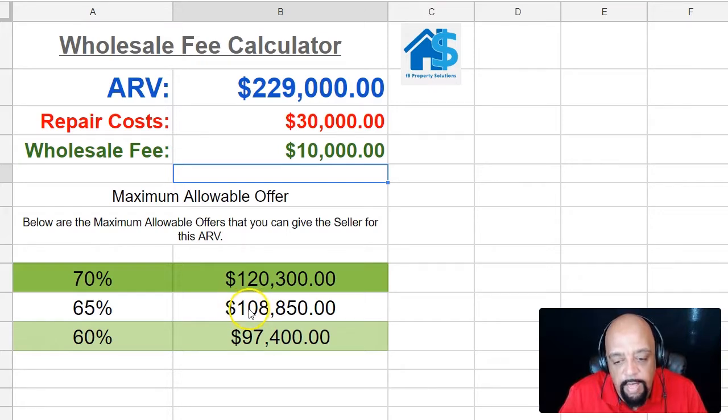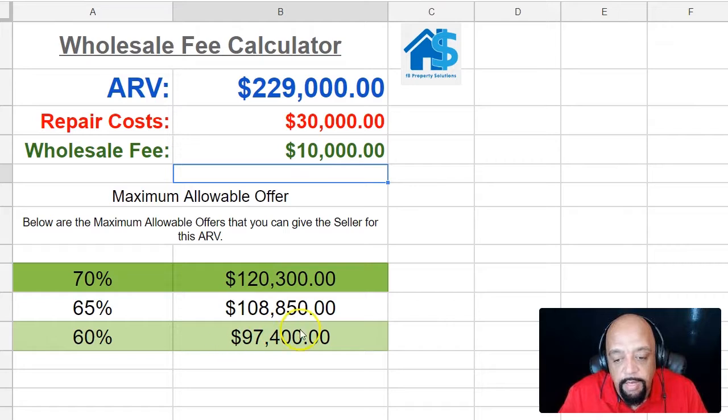The difference between 108,000 and 130,000 is what? That's 22,000, right? So that would be what you would actually make. But if you do it like this, if you get the contract at 97,000, you can always sell it, let's say for 108,000. You're always going to make that $10,000 spread.